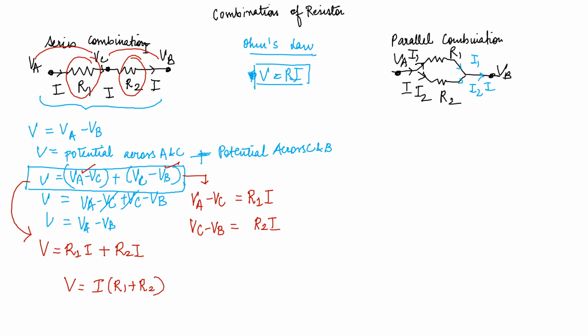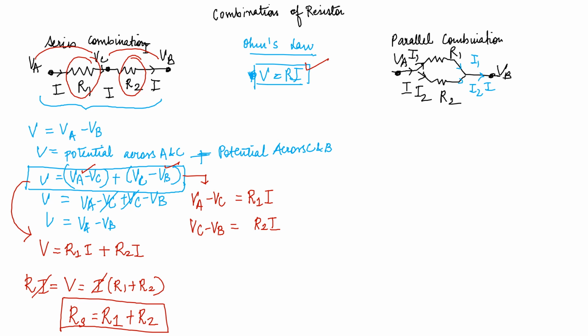From Ohm's law, V equals Rs into I. I being common cancels out, giving us that the resistance in series combination equals the numerical addition of all the resistances, that is Rs equals R1 plus R2.